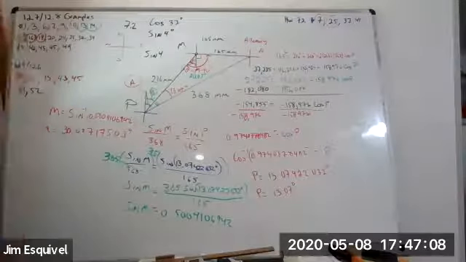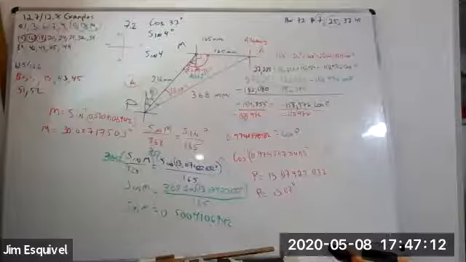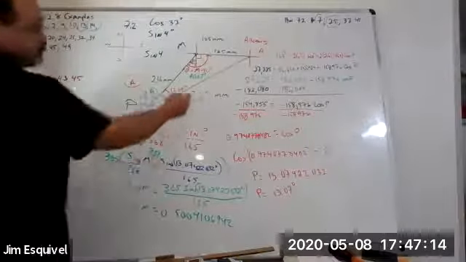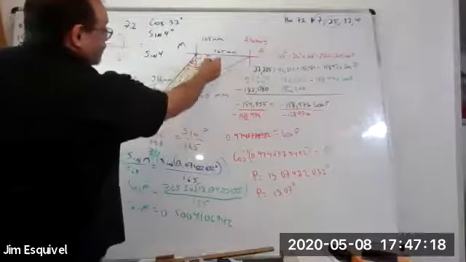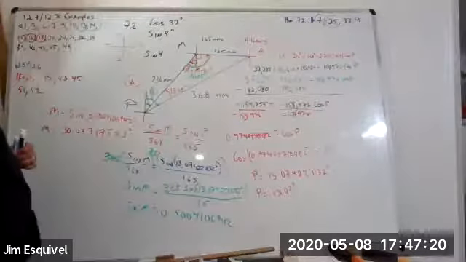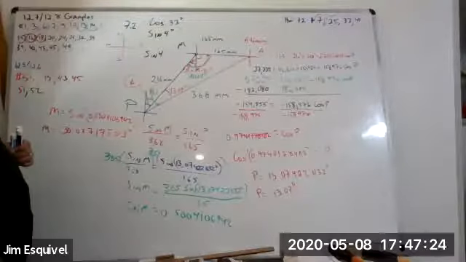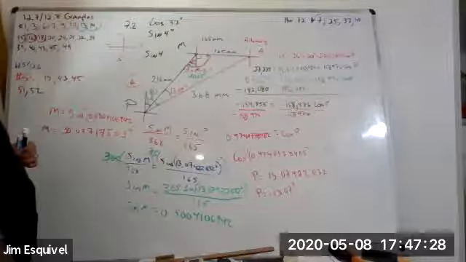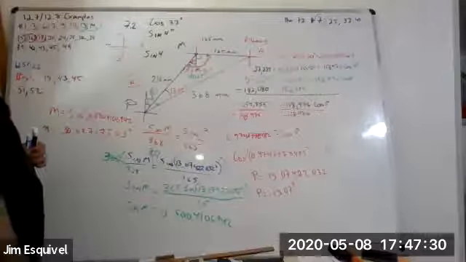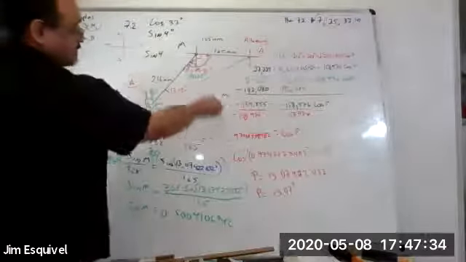Does that make sense? Yes. This whole angle is 30 degrees. Angle M, the whole thing, opposite the 368.